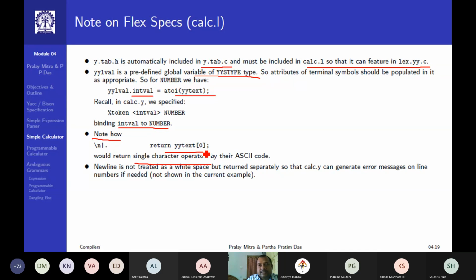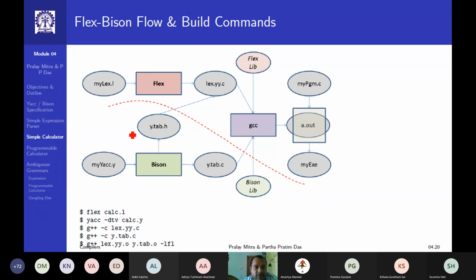Because say some character has mistakenly been printed in your program, that is an error, right? It is not following the program syntax, so you need to report that information. So I cannot ignore that. What I can ignore is space and tab.